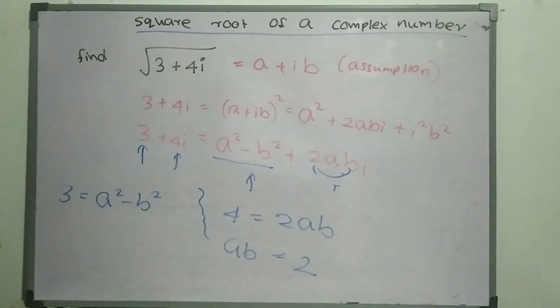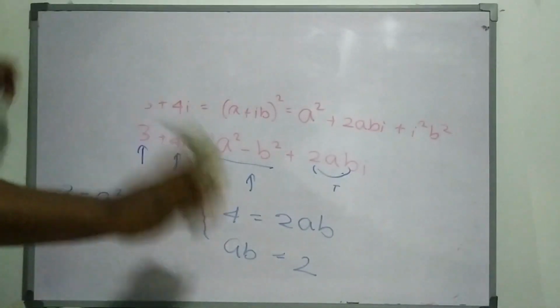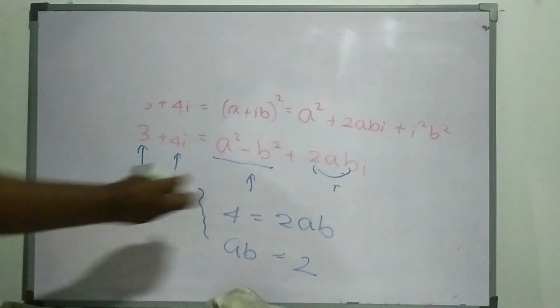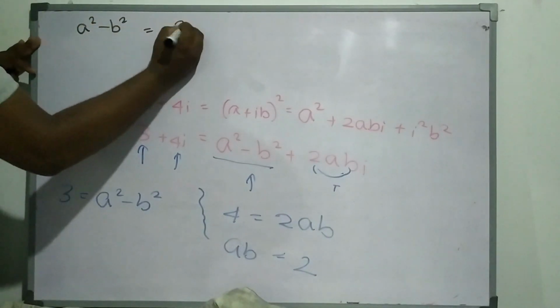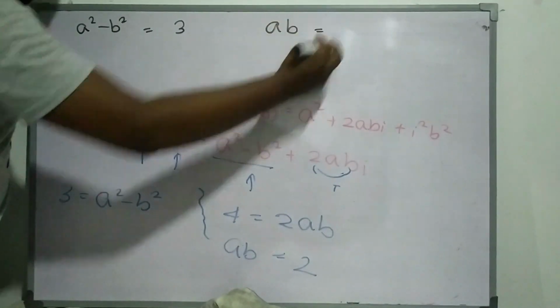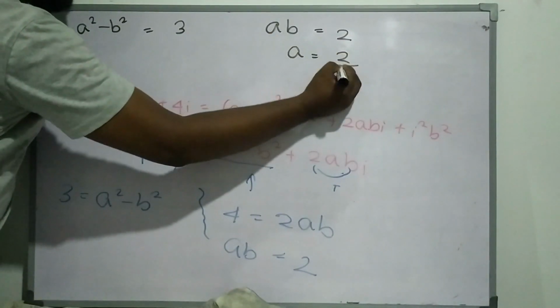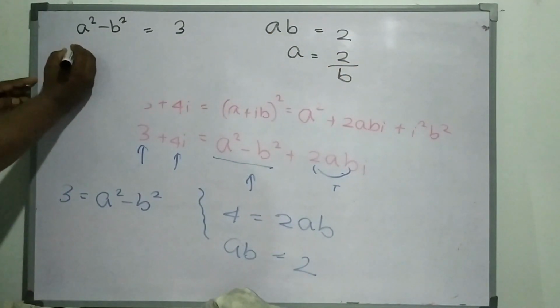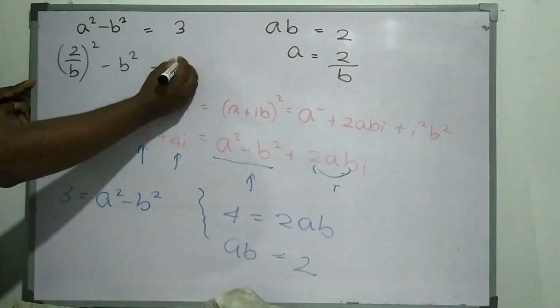We have a square minus b square equals 3 and ab equals 2. So a equals 2 over b. Putting it here: 2 over b, the whole thing square, minus b square equals 3.